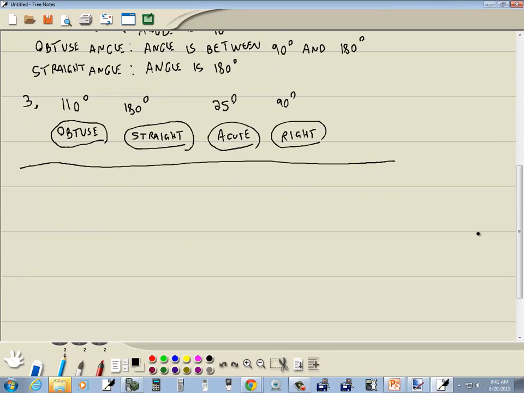Now we've got our degree breakdown. Remember, going from here up to here is 90 degrees. Well, where can we draw 1 degree? I don't know, it'd be pretty small as I try to draw it here. It almost appears like it's on the same line as here.